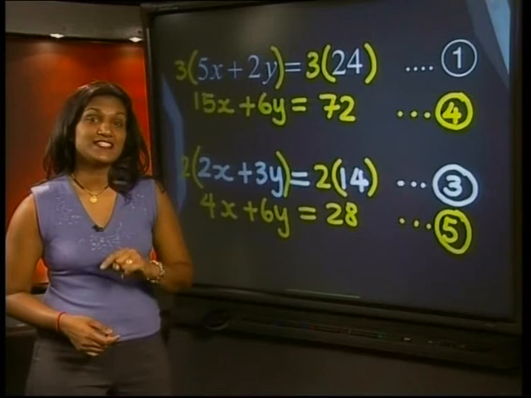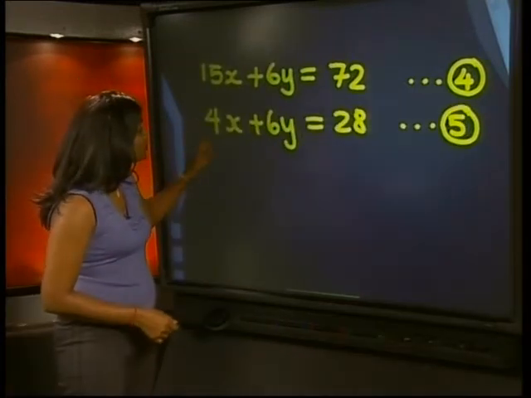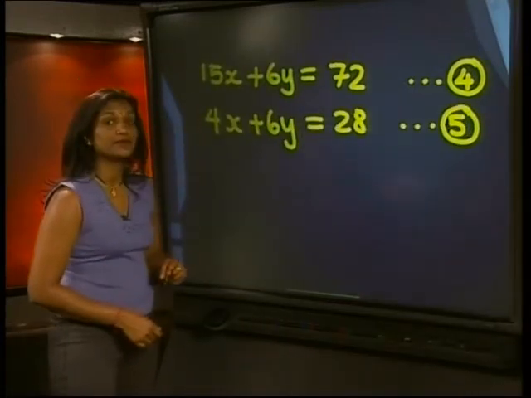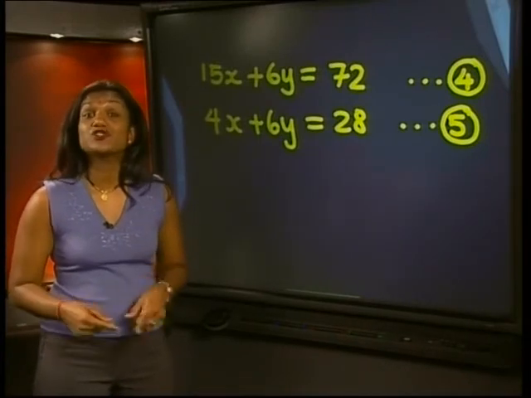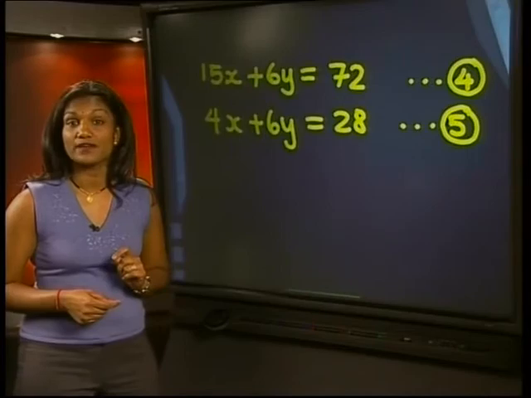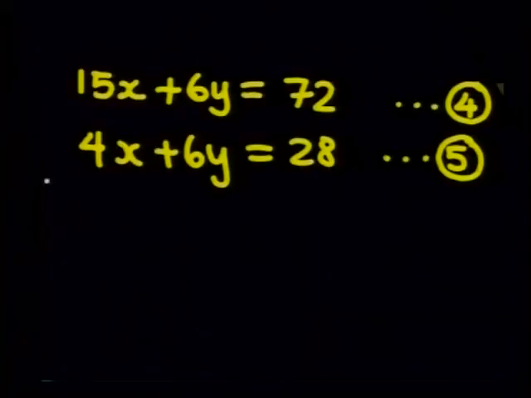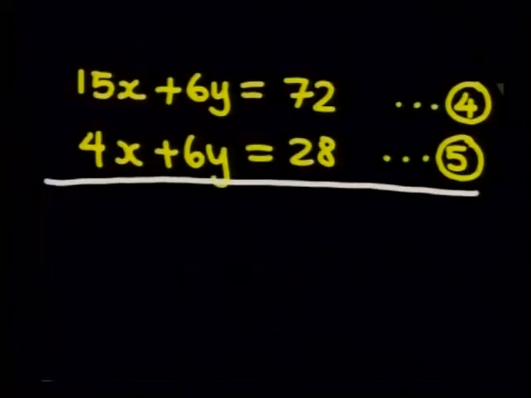Now you can decide. Will you add the 2 new equations or subtract them? Remember that we want to get rid of one unknown, so it makes sense to subtract and get rid of the y's. We need to subtract equation 5 from equation 4.